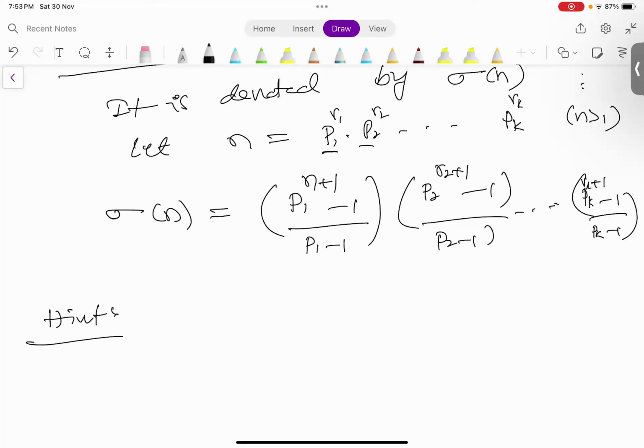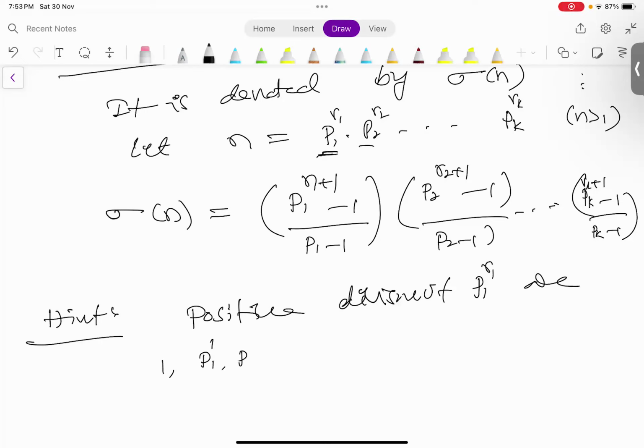Very simple. First let's talk about p1 power r1. What are the positive divisors of p1 power r1? 1 is a divisor, p1 is a divisor, p1 power 2 is a divisor, p1 power 3, and so on, up to itself. p1 power r1 is also a divisor.